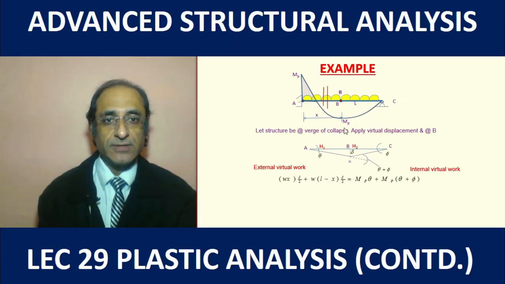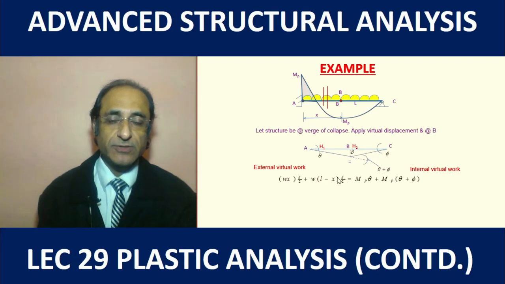So here the left part is situated on the portion of length x, so the total load is Wx, and it moves down by an amount delta by 2. So this movement delta by 2 is basically the displacement of the CG of AB. Similarly, for BC, this also moves down by an amount delta by 2 with reference to the CG of BC.